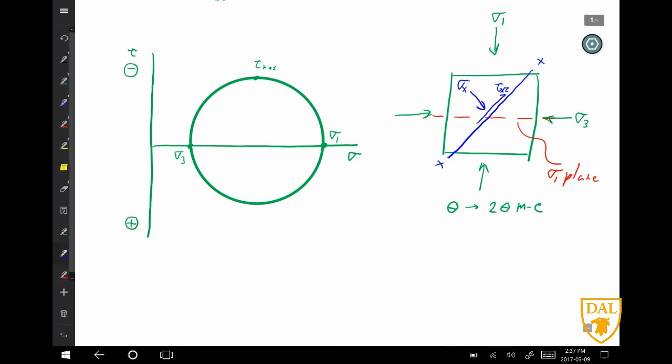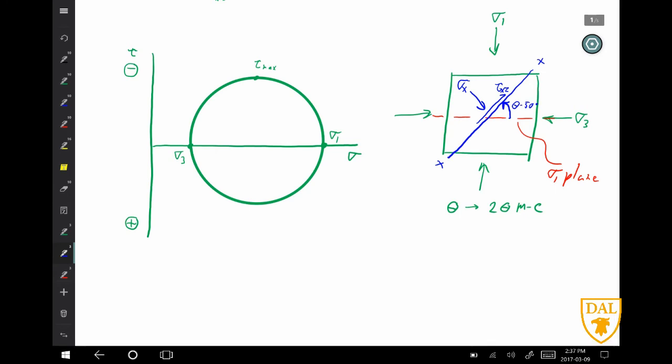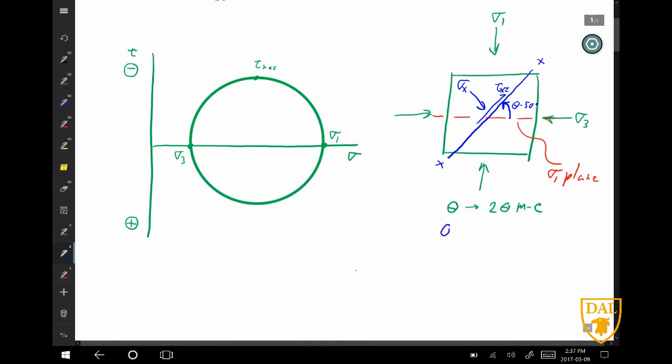All right. So let's get back to our plane of interest. We want to know what point on the Mohr circle corresponds to that plane. So the first thing is we can see that theta is, let's just say, about 50 degrees in a counterclockwise direction. So theta equals 50 degrees counterclockwise. 2 theta is 100 degrees.